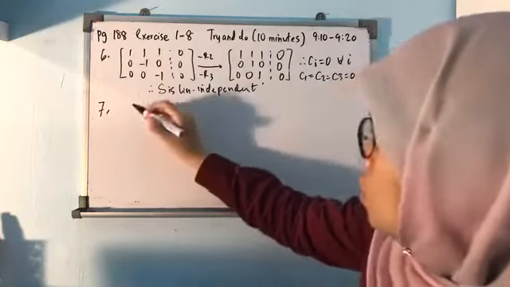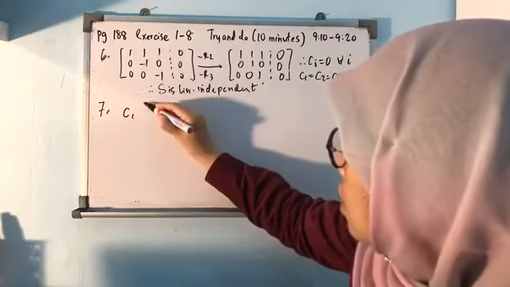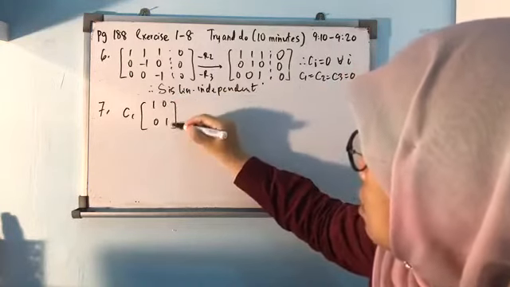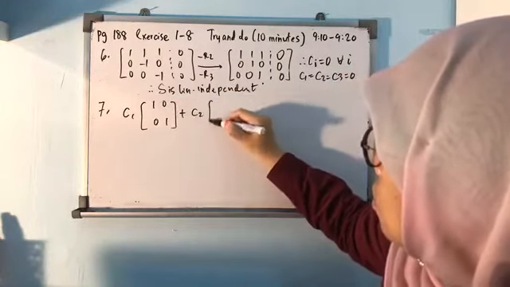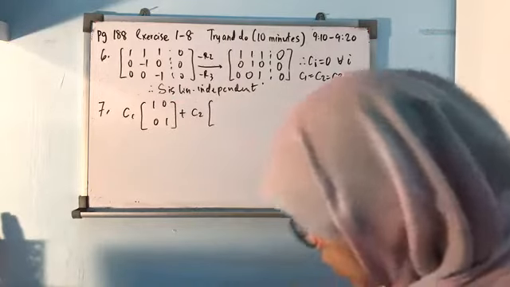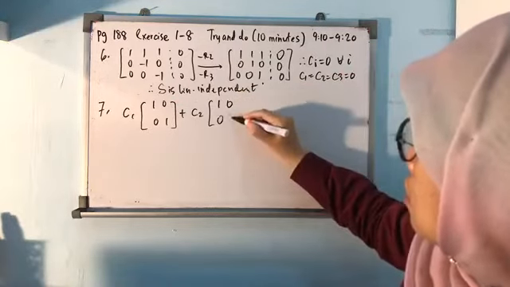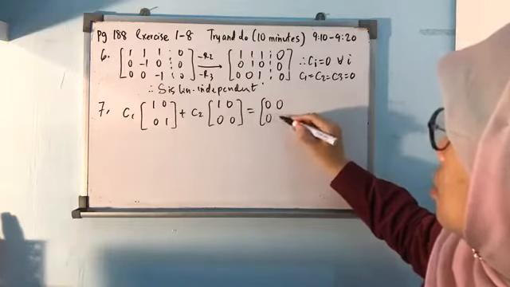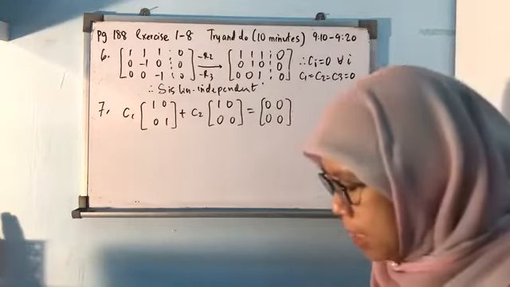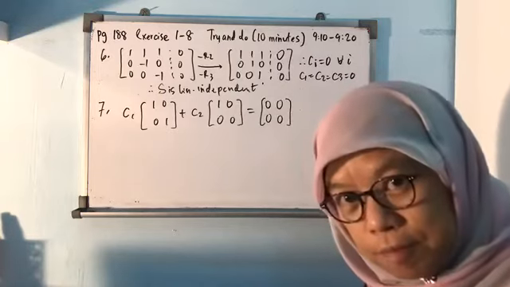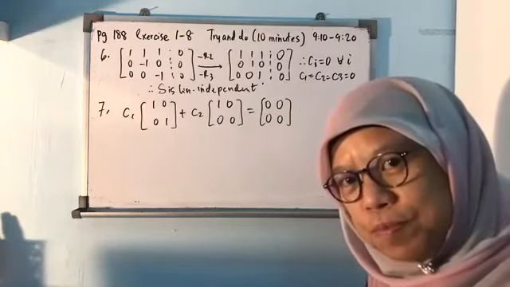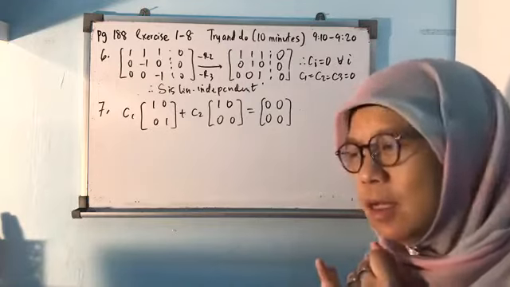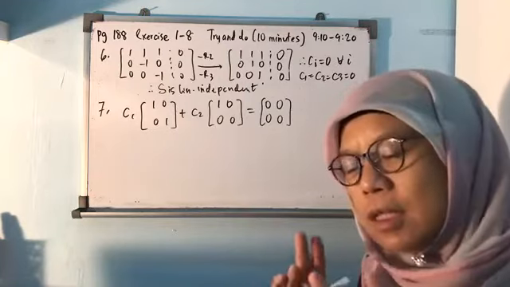Okay, so C1 times 1, 0, 0, 1 plus C2 times 1, 0, 0, 0 equals 0, 0, 0. Okay. Trik dia ialah, if you have a 0 vector, linearly dependent terus.